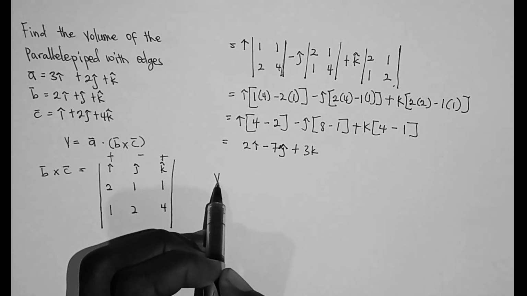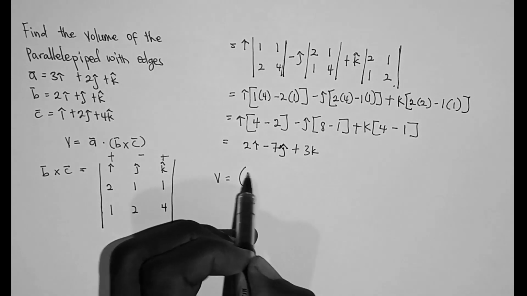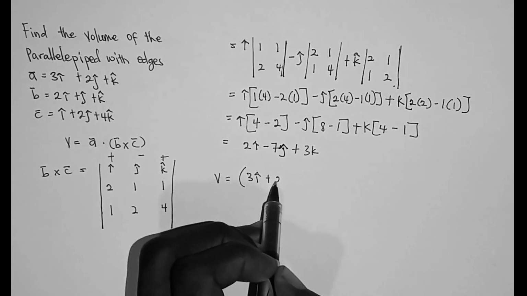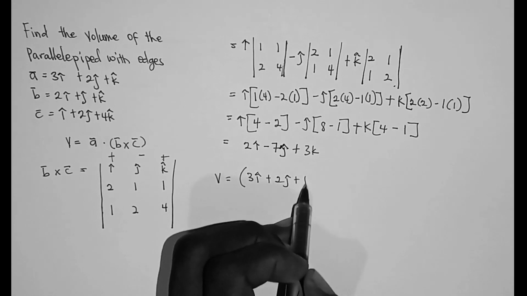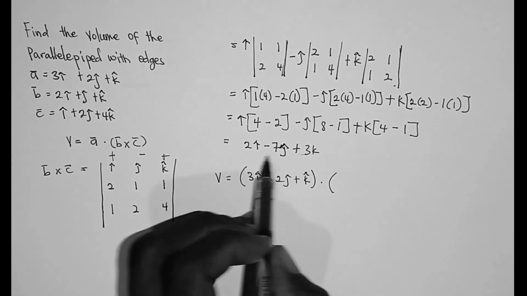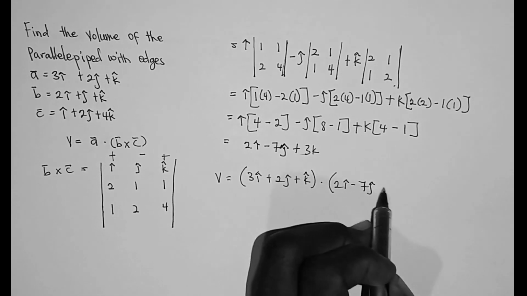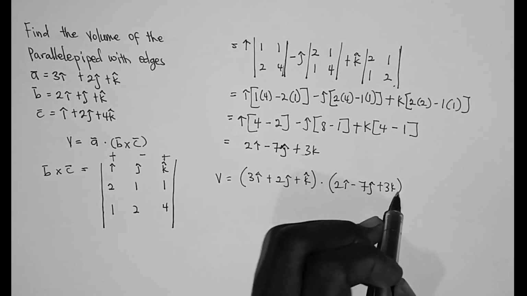So the volume V is equal to A. Vector A is 3I plus 2J plus K. Then we will dot it with this B cross C, and B cross C is 2I minus 7J plus 3K.